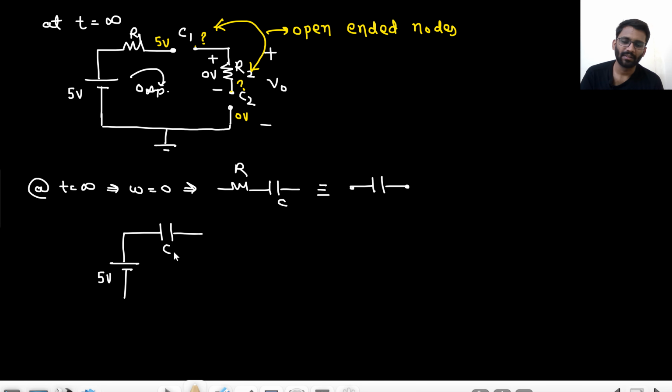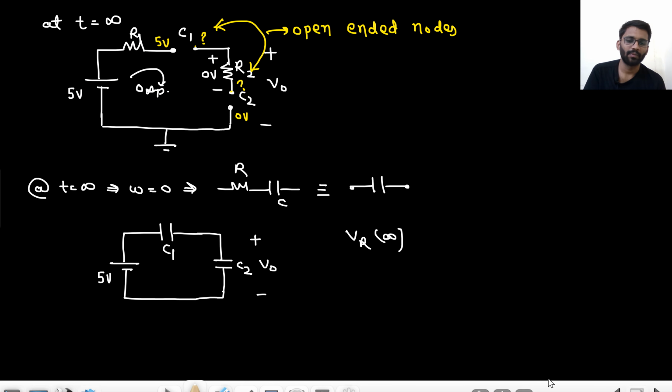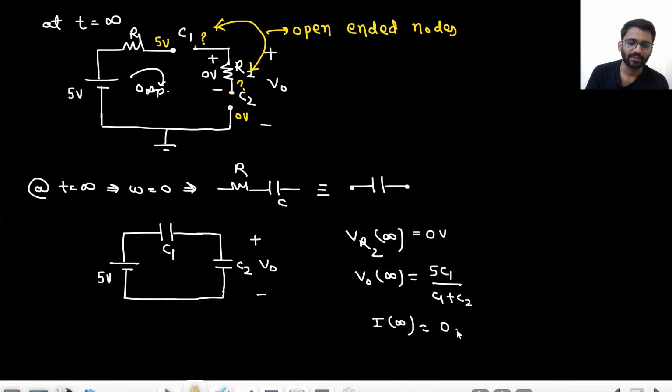This is 5 volt, this is C1, this is C2, right? Basically this will be your V naught only now, because VR2 at t equals to infinity is 0 volt. What will be your V naught at t equals to infinity? That would be 5 C1 upon C1 plus C2. And what about I at t equals to infinity? That would also be 0 ampere, not impulsive, because they are providing very high impedance.